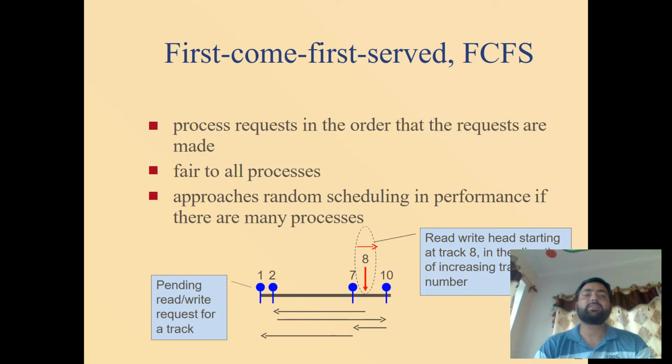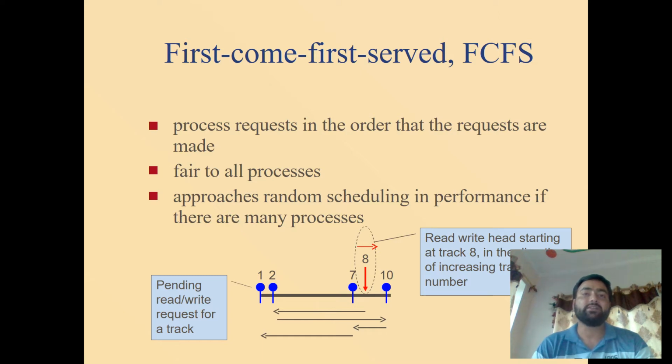So the first algorithm is first come first served. As the name suggests, the request that comes first will be serviced first by the system. In this process, requests are serviced in the order that the requests are made. That means the process follows a particular sequence of the requests.